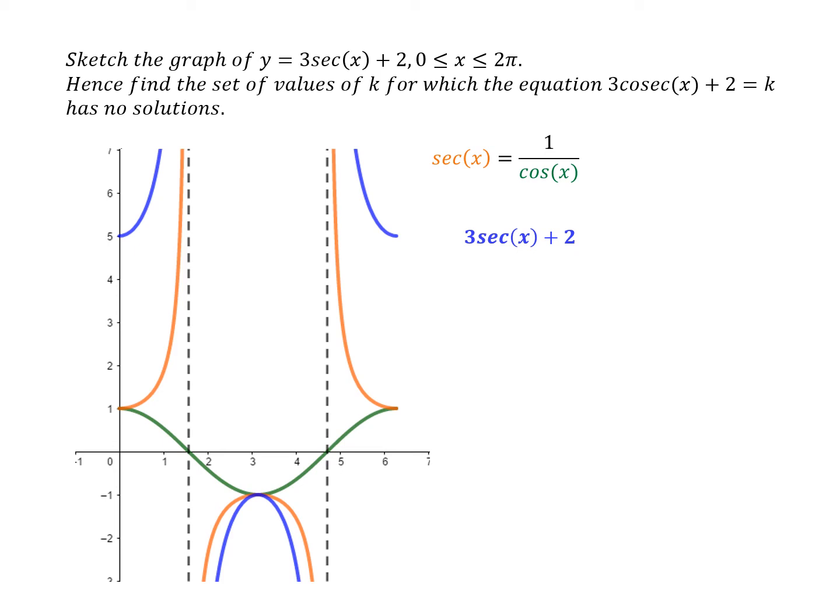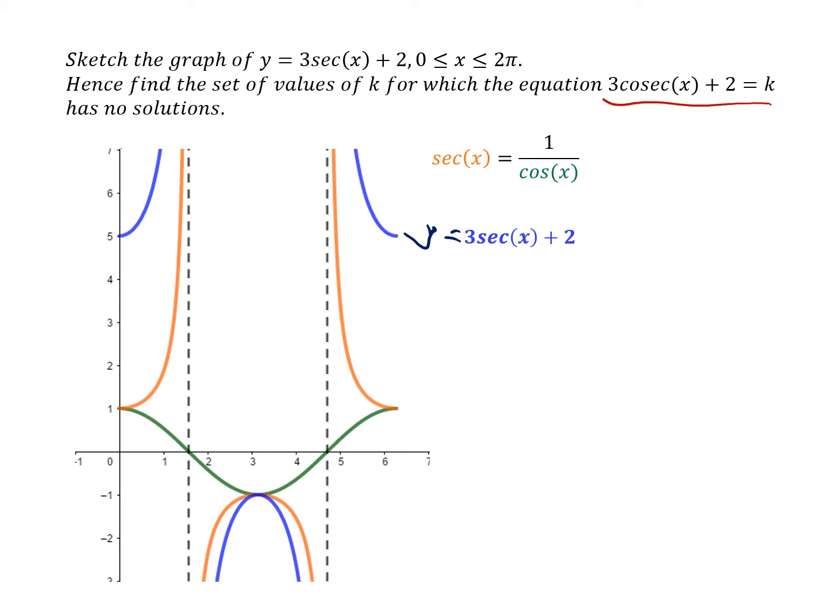The second part is asking us to find the set of values of k for which this equation has no solutions. So we're trying to find where our graph here, the graph that we've drawn, y equals 3 sec x plus 2. We're trying to find the values of y that we don't get.